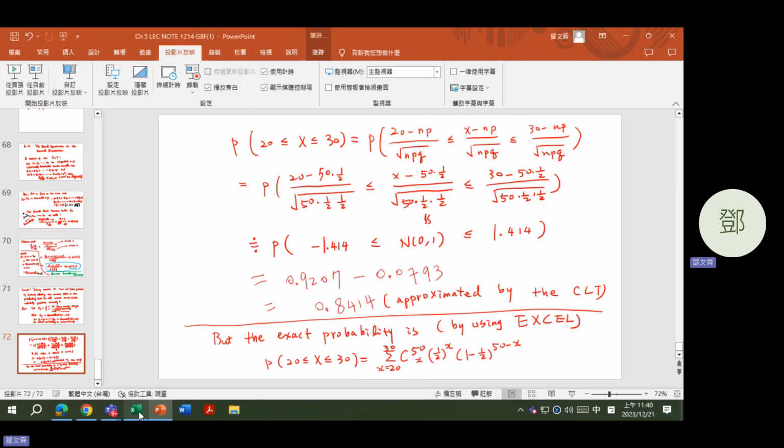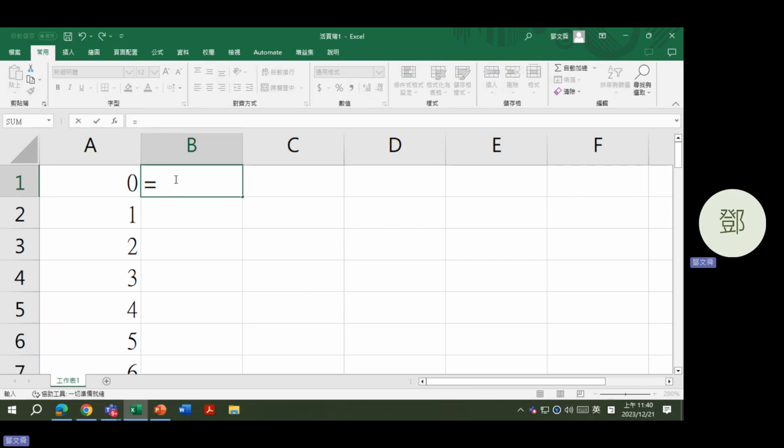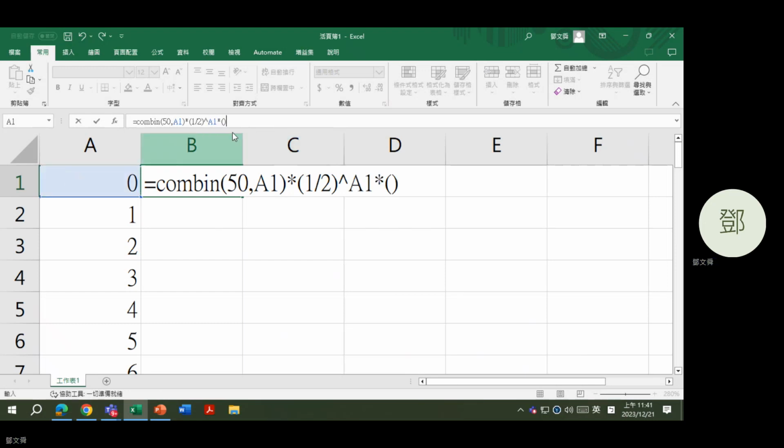50 choose X, and it is COMBIN, 50, this one, times 1 over 2 to the power X, times 1 minus 1 over 2 to the power 50 minus X. Here, right?